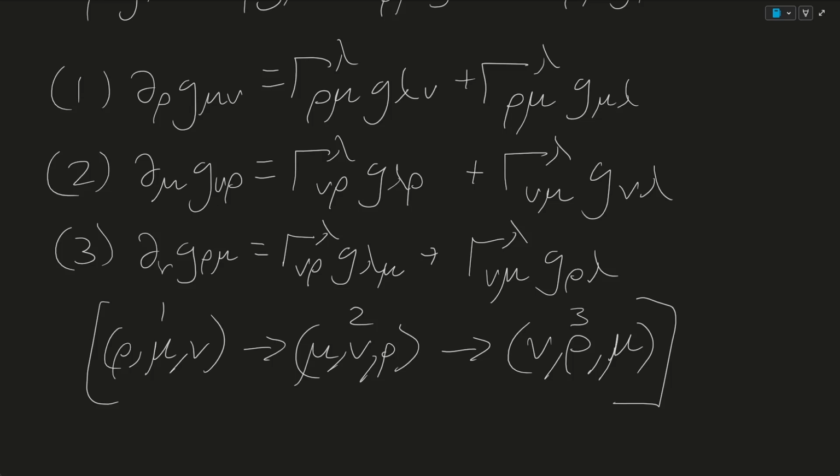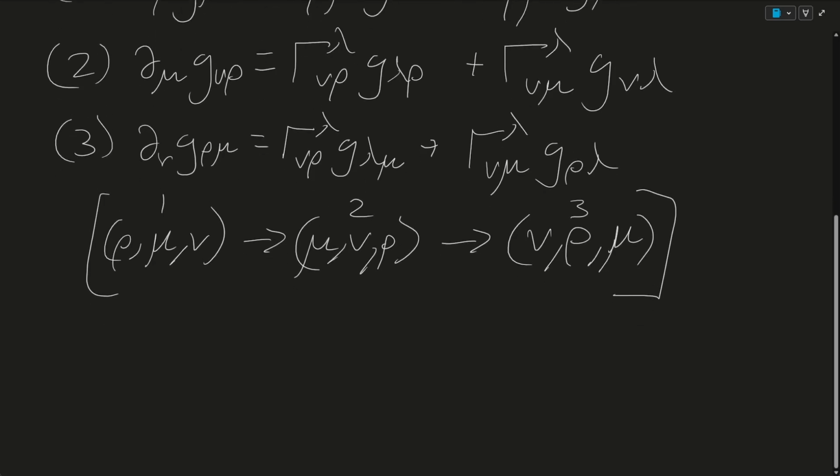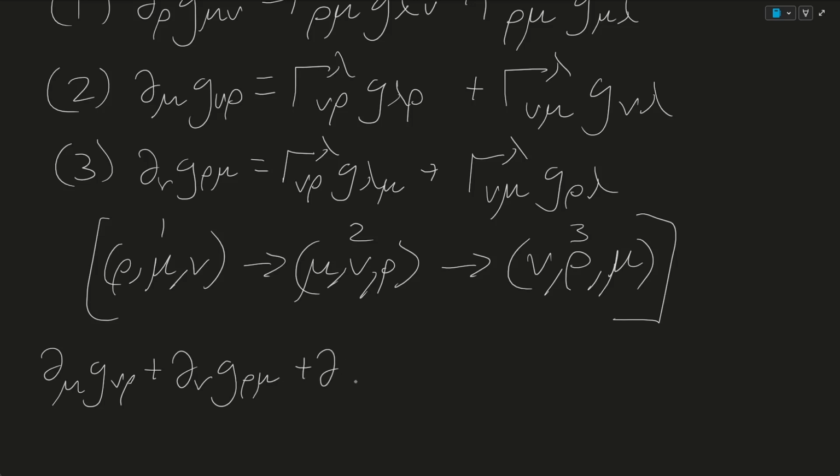We're going to try 2 plus 3 minus 1, which would be: 2 is partial mu g nu rho plus, I'm not going to write out the full right hand side, I'll do that separately, partial nu g of rho mu plus partial rho g of mu nu.